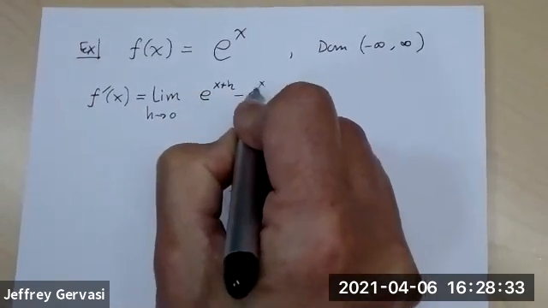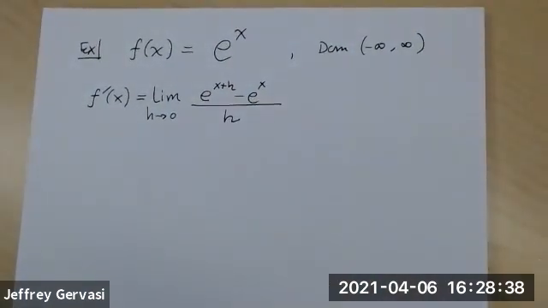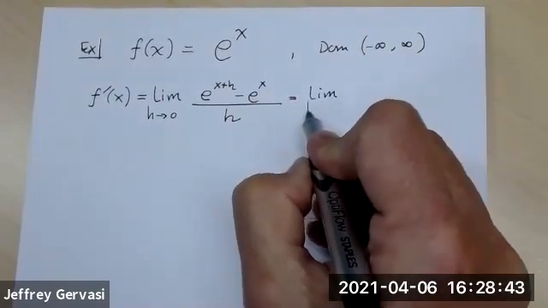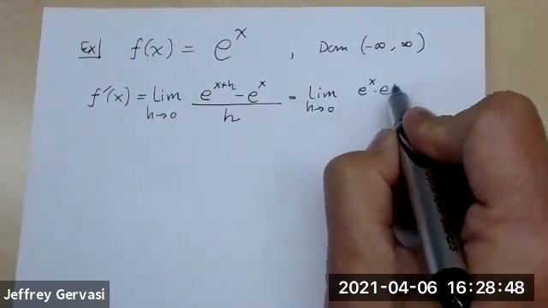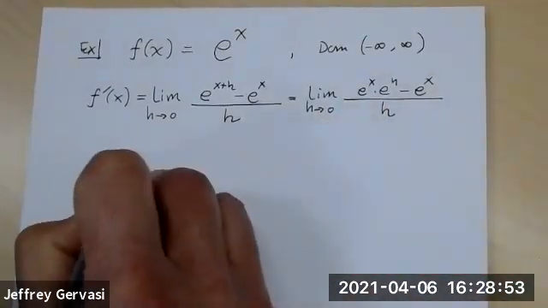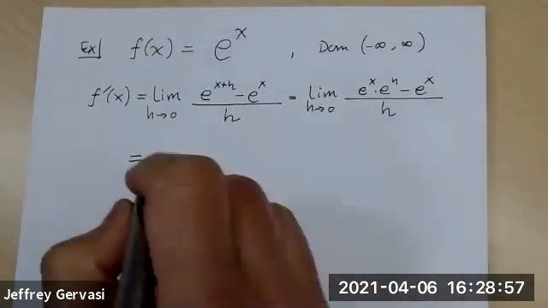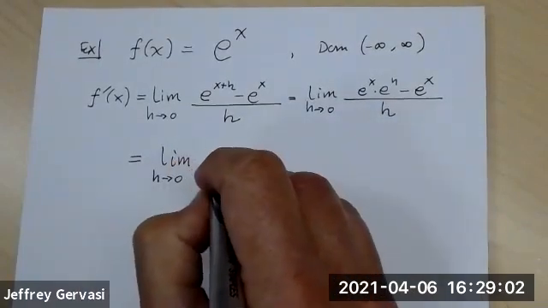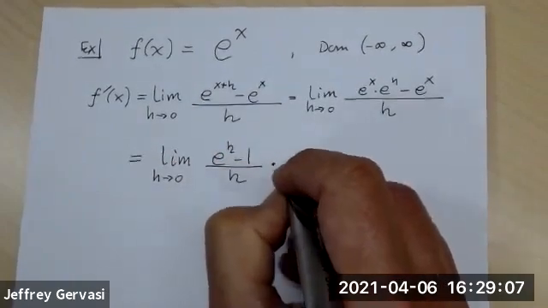Here's what that looks like. f of x plus h minus f of x. Now I know by a property of exponents that I can rewrite the first term as e to the x times e to the h. Then I'm going to factor the e to the x out of those two terms and put it over here.